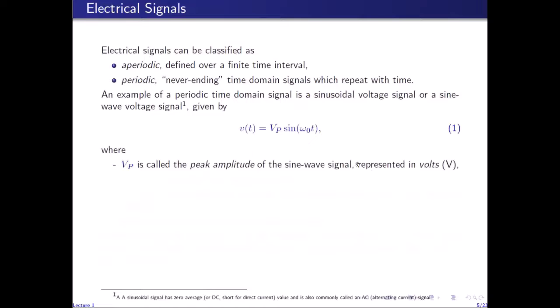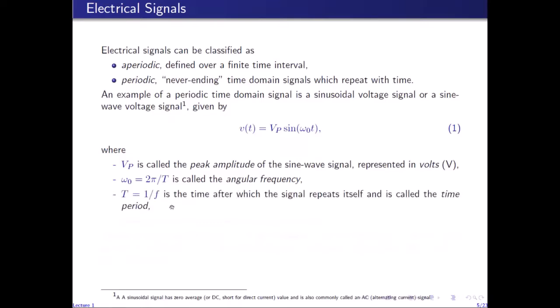It is represented in volts. Omega naught, given by 2 pi over capital T, is called the angular frequency, where the capital T is called the time period. And we have assumed that the phase of the signal is zero. There is no additional term within the parentheses. Otherwise, we would take that non-zero phase into account as well.